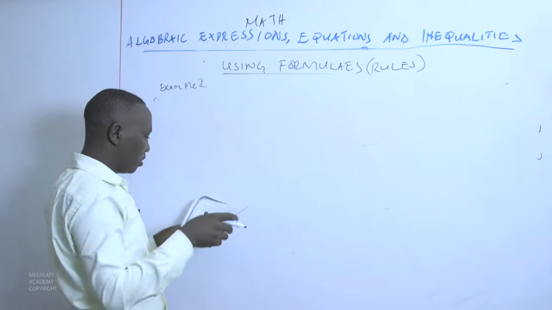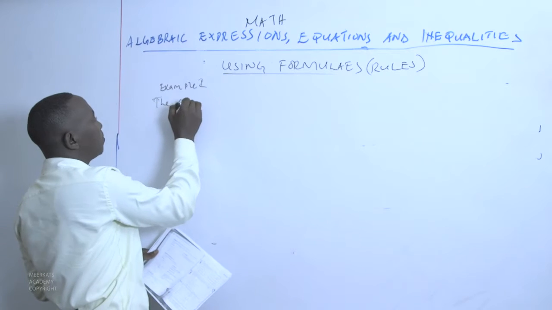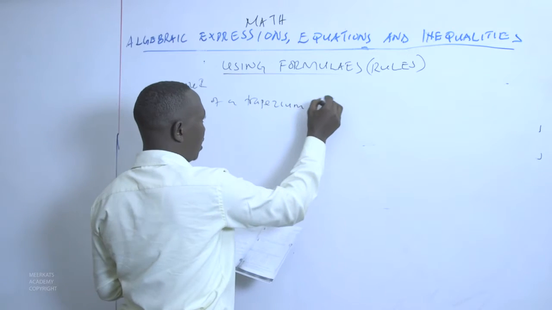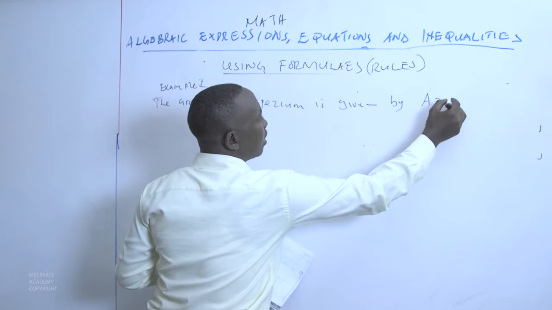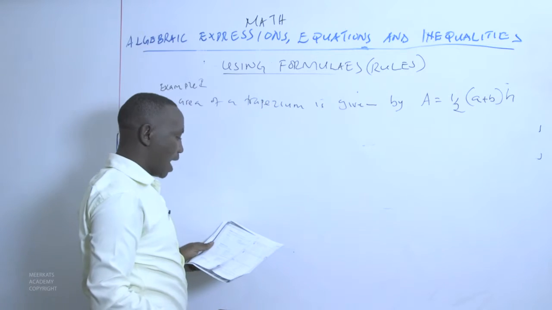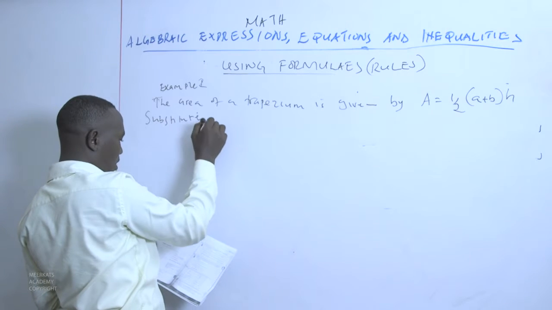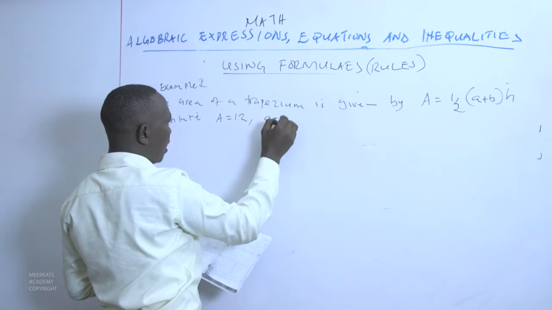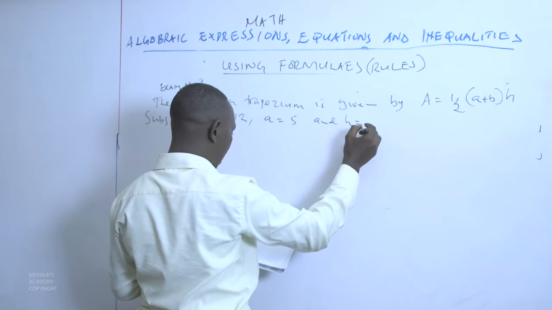Example 2. The area of a trapezium is given by the formula area is equal to a half into A plus B multiplied by H. Substitute A is equal to 12, small a is equal to 5, and H is equal to 4.